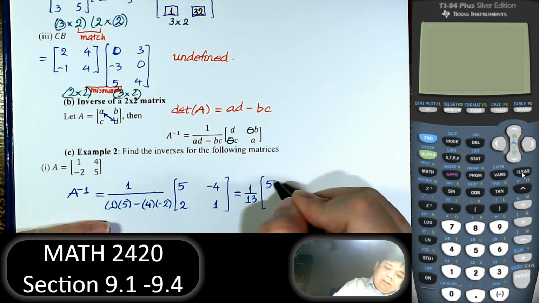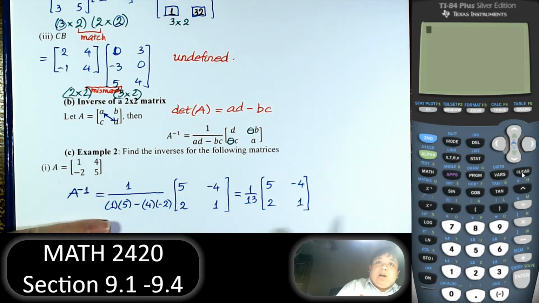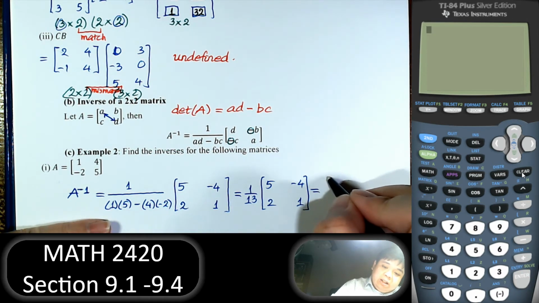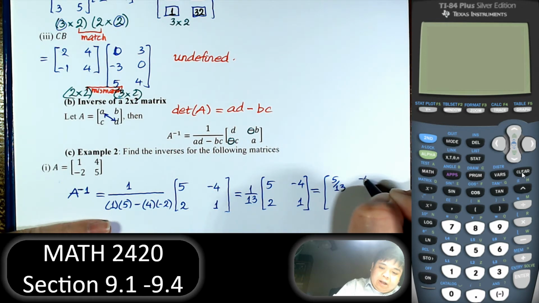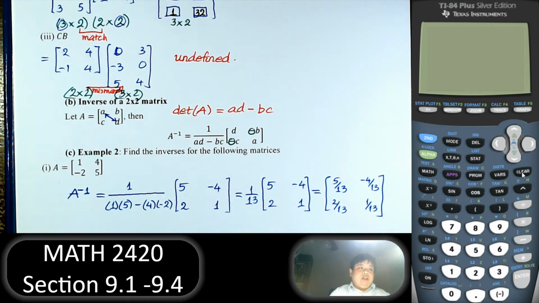And then 5, negative 4, 2, and 1. We can just multiply the 1 over 13 into that. So that gives us 5 over 13, negative 4 over 13, 2 over 13, and 1 over 13. So that is the 2 by 2 inverse matrix.